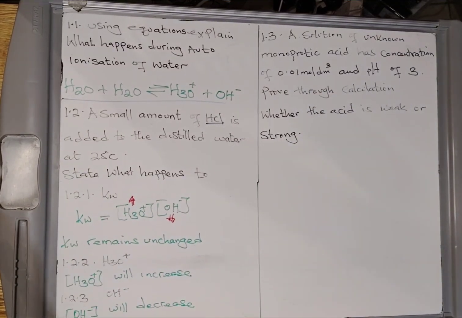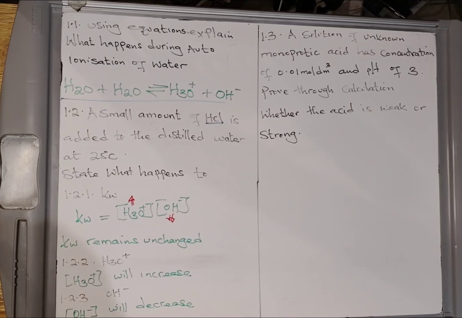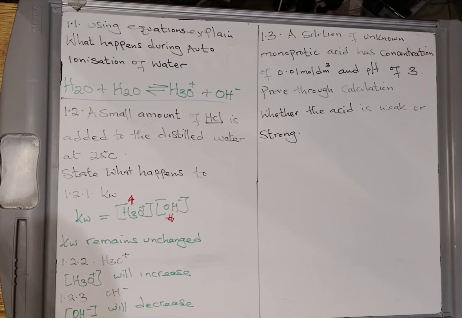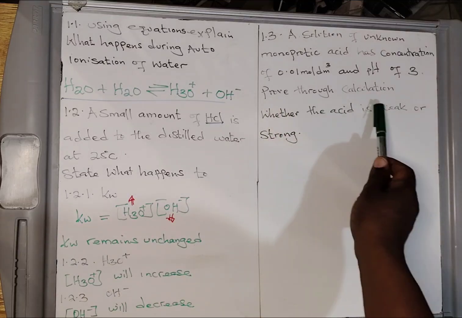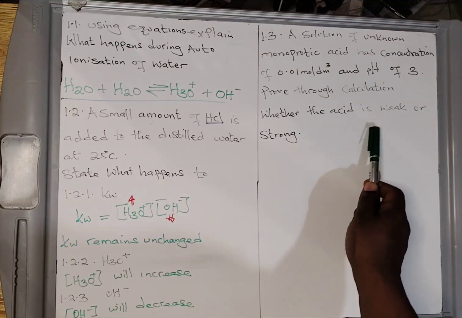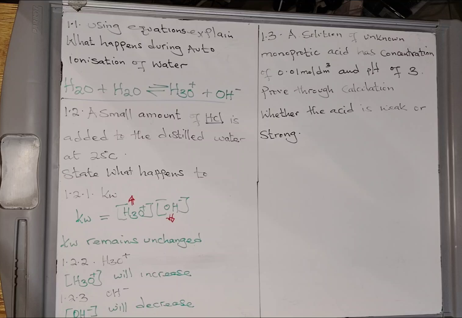Then comes this question. It says that a solution of an unknown monoprotic acid has a concentration of 0.1 moles per cubic decimeter and a pH of 3. The question says, prove through calculation whether the acid is weak or strong. Now, when a question comes like this one, there's something you have to know.